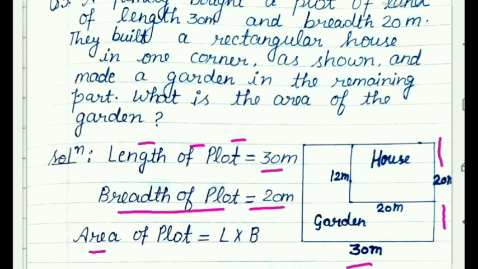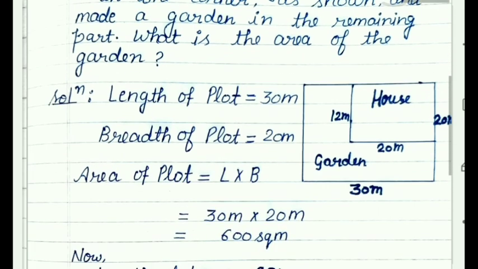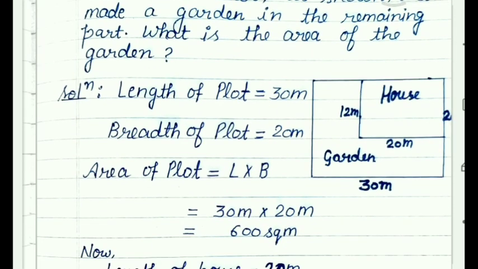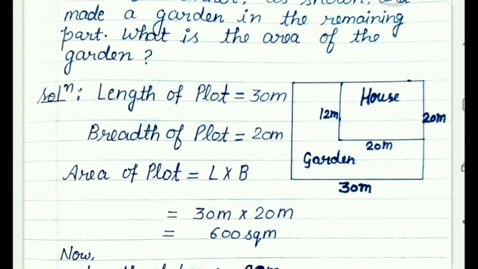So what will be the area of the plot? Length into breadth, because it is in the shape of a rectangle. Put in the values of length and breadth: length is 30, multiply by breadth 20 meter.